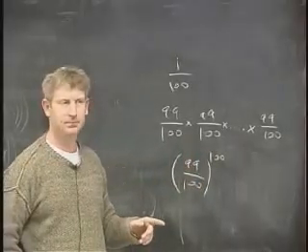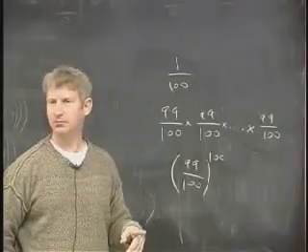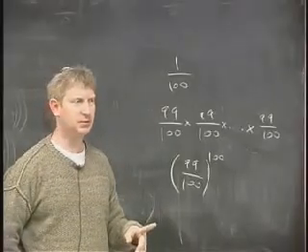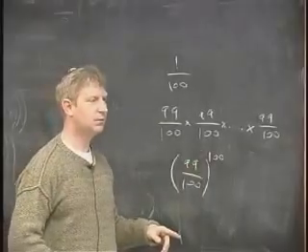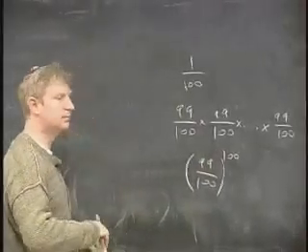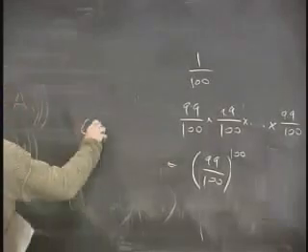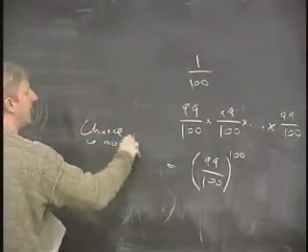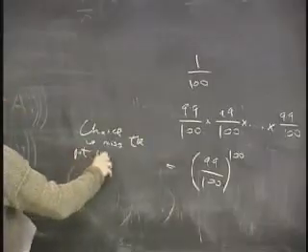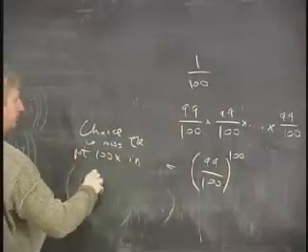Okay? Does anybody have a calculator? I can't do this in my head. Do 99 over 100 to the 100th. This is the chance we miss the pot 100 times in a row.